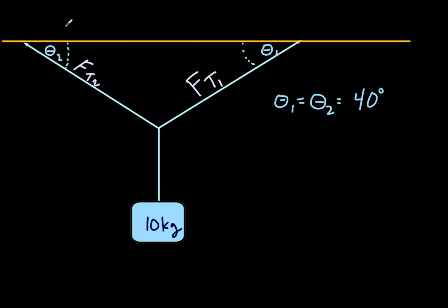So, how are we going to go about doing this? Well, the first thing I think that we need to do is we need to start to split this up. Now you see we're dealing with forces at angles, much like we dealt with velocities and other things at angles. So there's going to be components to this.